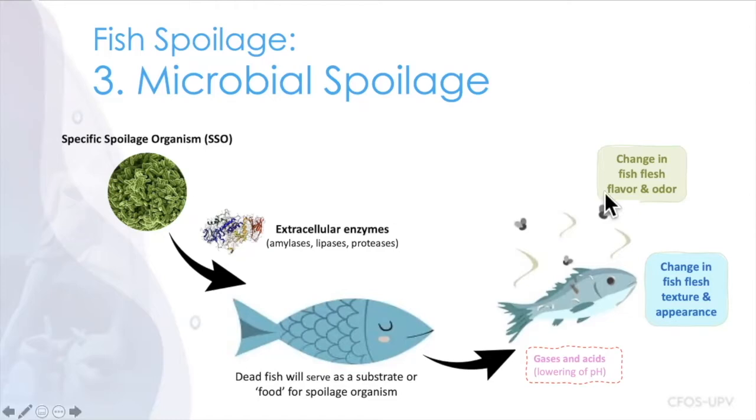And also, it could cause changes in fish flesh. Later, you will see the definition of specific spoilage organism, that they are the ones responsible in producing metabolites. And these metabolites produced by these SSOs are the ones that trigger the sensorial changes in fish.